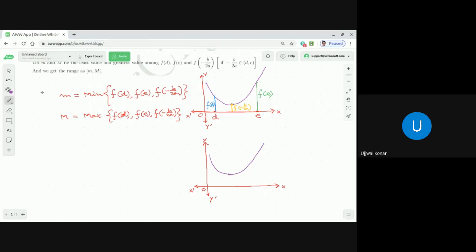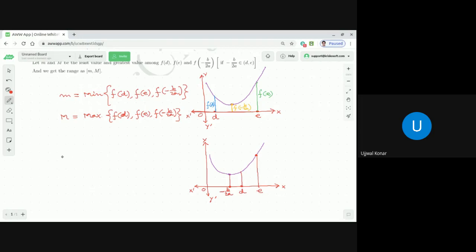So this is the point d, and this is the point E. Correct? And what we see, dear students, is that minus b by 2a will be here actually. Minus b by 2a is not within the range of d and e.